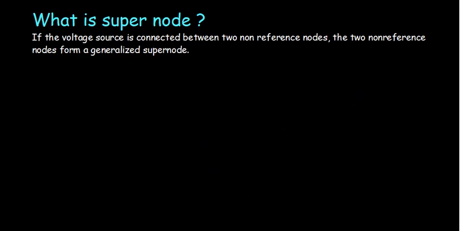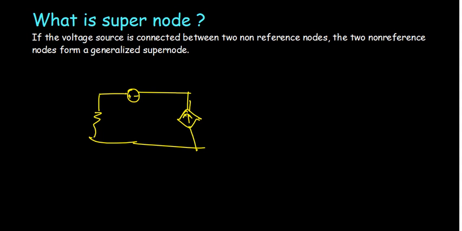That's it. So the next step is, what is a supernode? Supernode: if a voltage source is connected between two non-reference nodes, like this.